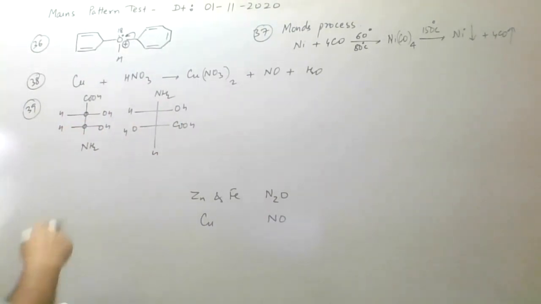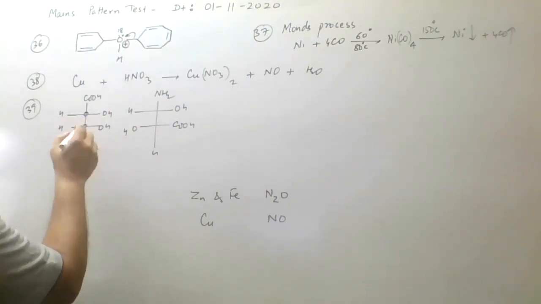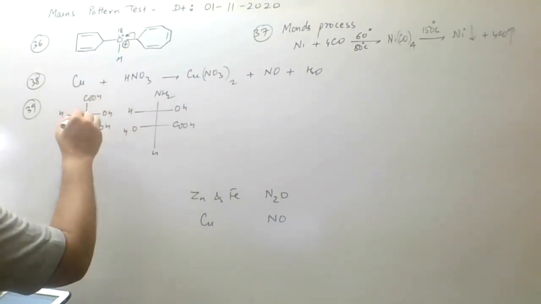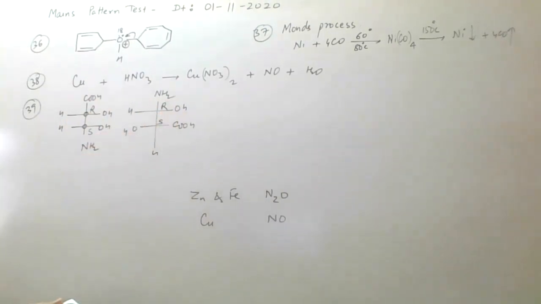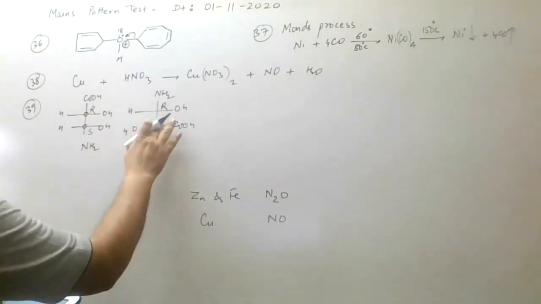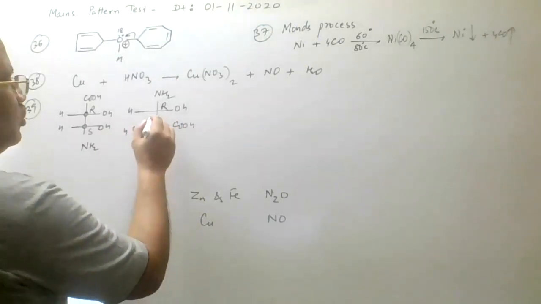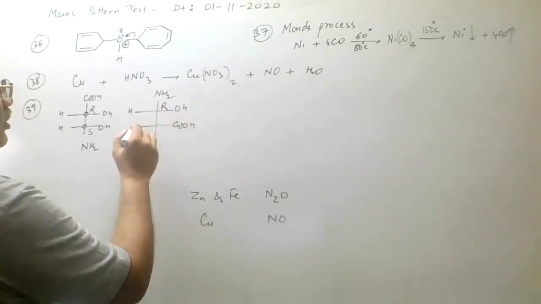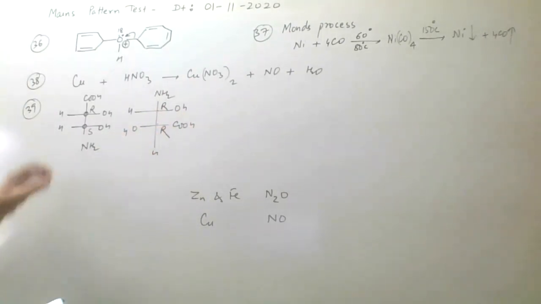If I check in this case, it will be 1, 2 and 3. So I'll write that in this case, this is R. Here it will be 1, 2 and 3, so it is S. Here it is R and this is S. So I will write that they are enantiomers. I'll just check once this part. 1, 2 and 3, so this is S and this is R. So I think these two are not the enantiomers we are having.